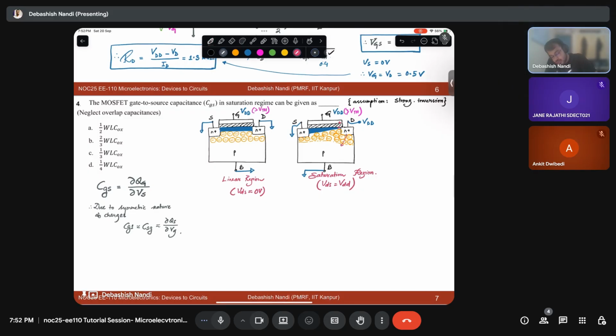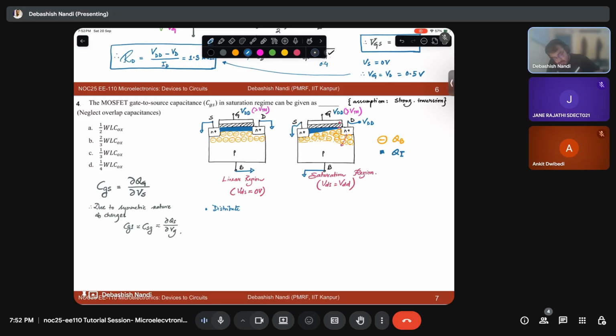So if I tell you to distribute, this is QB, this is QI, or inversion charge. Okay.